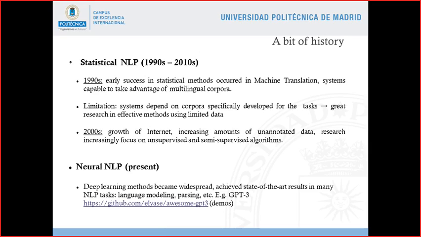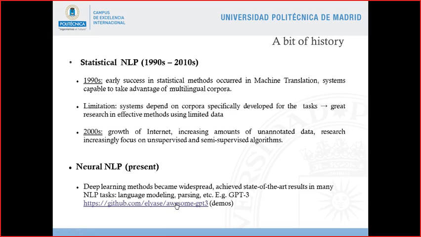So these statistical methods are capable of taking advantage of multilingual corpora. So we have data sets. If you remember the data set from the first session, it's data labeled manually by humans. And we have the data set in English, Spanish, French, German, etc. So these systems take advantage of these multilingual data sets in order to perform better machine translations.